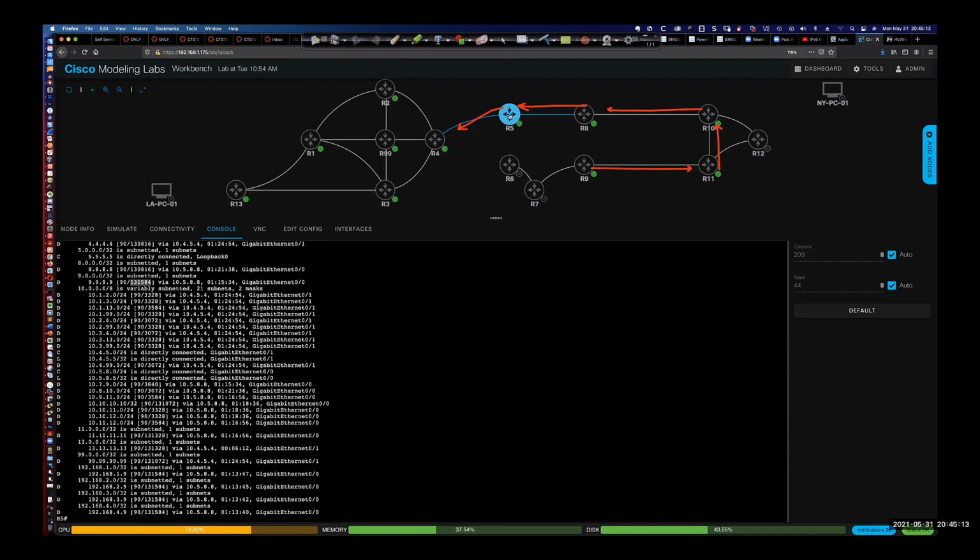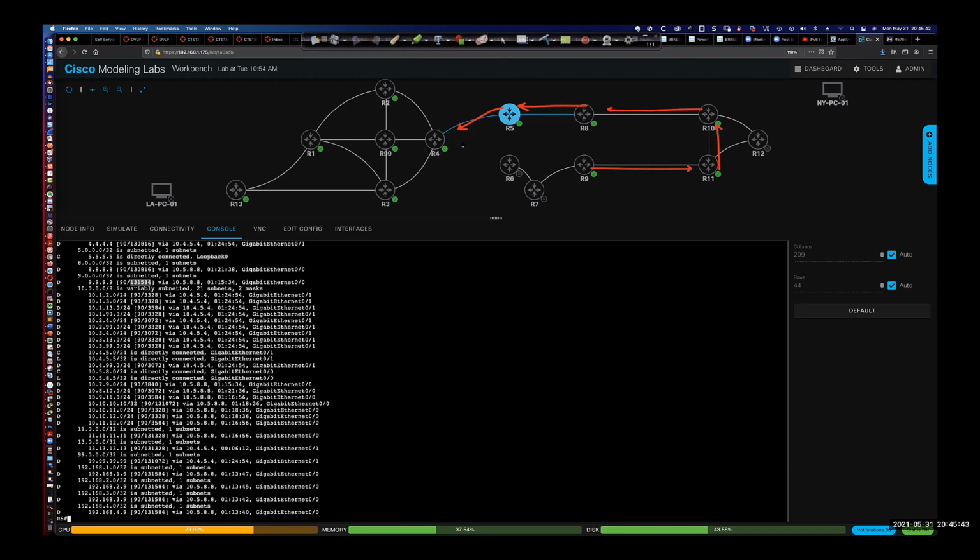Well, the reported distance is the distance that router 5 tells router 4 that it's going to cost router 5 to get there. So when router 4 gets the update from router 5, it then increments that cost with its cost to get there, which the cost is all based on the composite metric values.